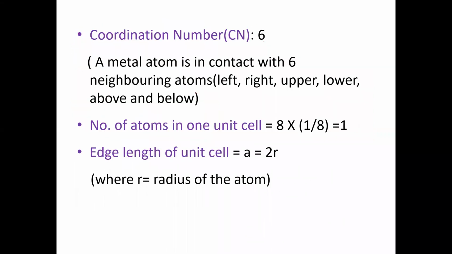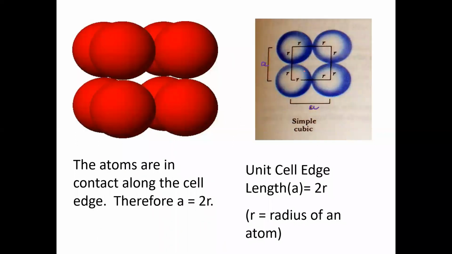The coordination number is 6, that is left, right, front. If you look at this, supposing this is left, there is another one right, another one below, another one above, and another one front, another one back. So the coordination number is 6 in a simple cubic lattice, right?